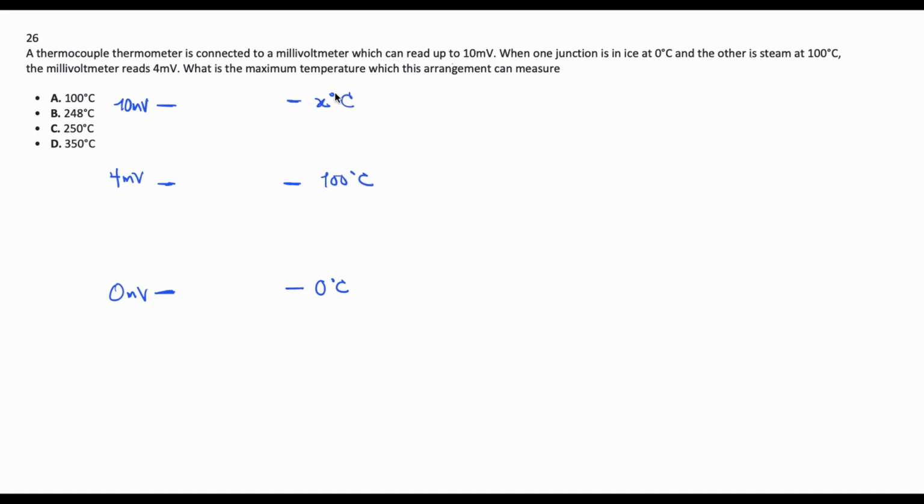Now to find the maximum temperature, we know that this X degrees centigrade is going to correspond to 10 millivolts, which is the maximum on the millivoltmeter. So to handle this kind of setup, let's deal with the temperature side first. We have X, which is the maximum temperature, minus 0, which is the minimum, divided by the temperature that we know, 100 degrees centigrade, minus the minimum, which is 0.